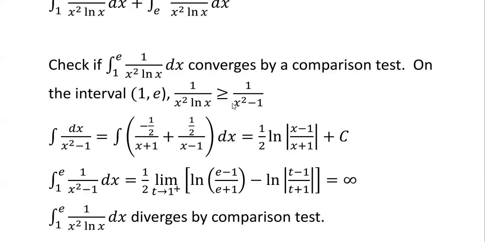Now, versus over here, this is just x squared minus 1. This is just a constant minus 1 versus over here, as we get more and more close to 1, this will be more and more close to 0. And therefore, this product will be much smaller.